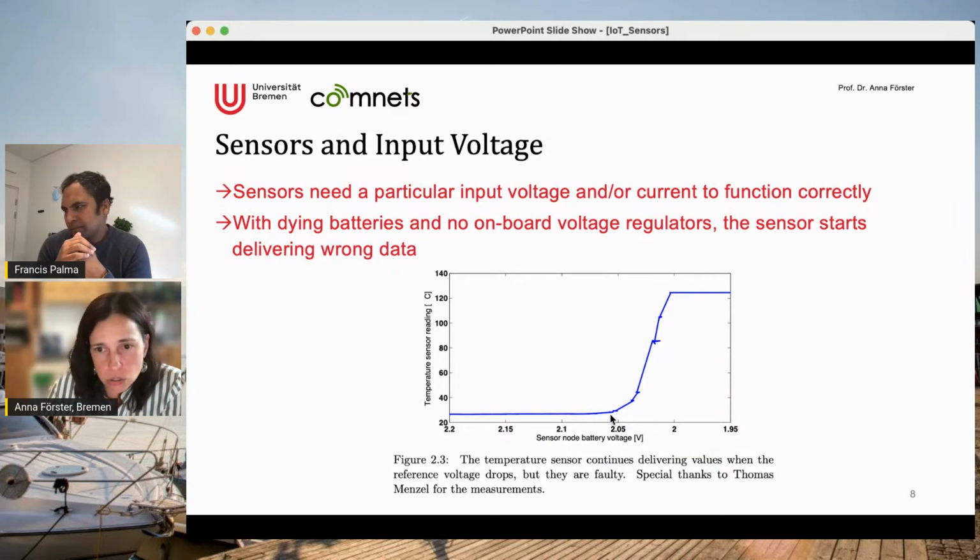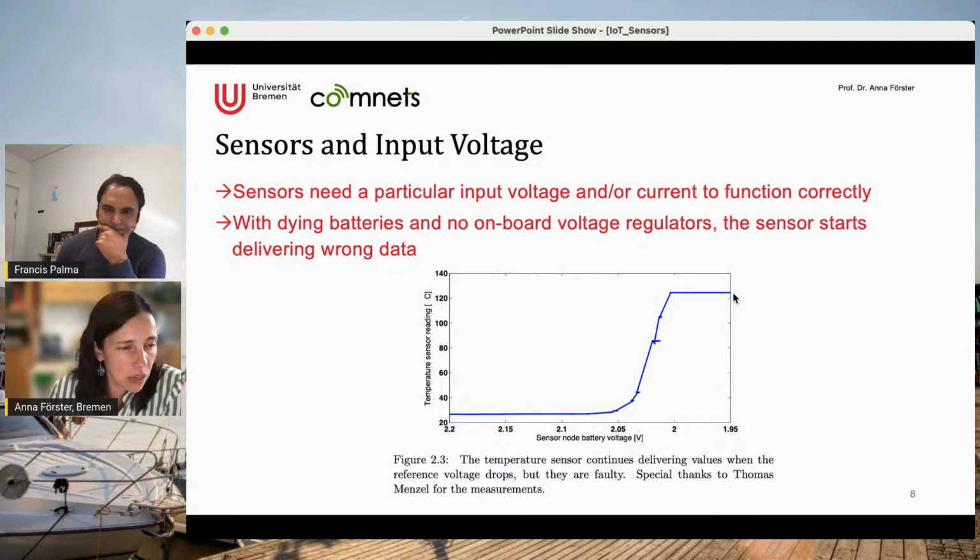It continuously told us that it's 25 degrees. And then suddenly it looks like it's on fire. The temperature starts increasing dramatically until it simply hits the maximum of the range. You see here the maximum range of this sensor. It cannot give you a higher value, whatever it believes it is.